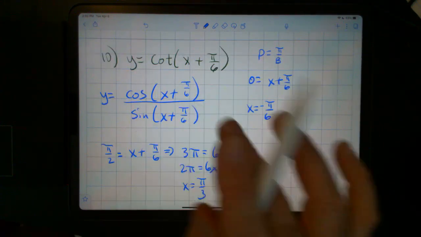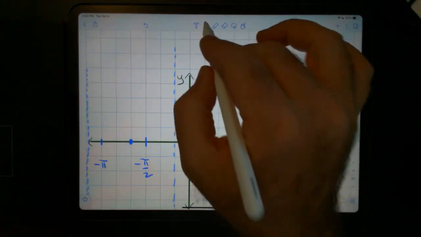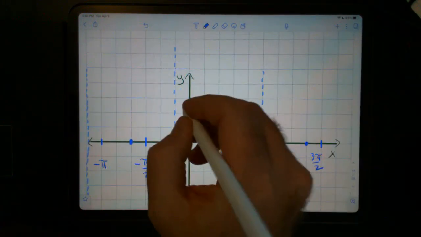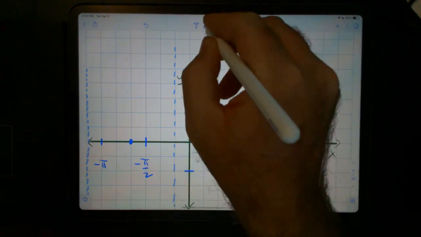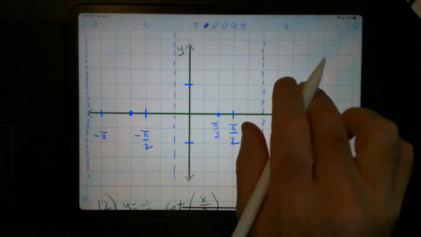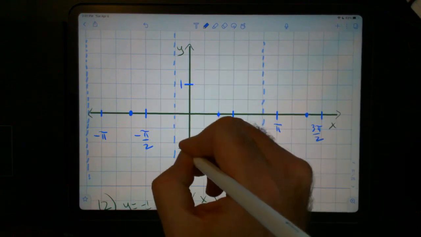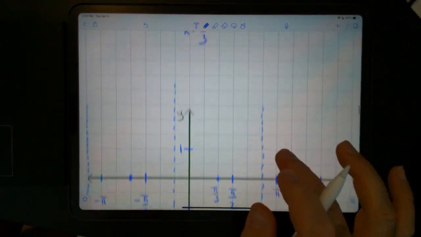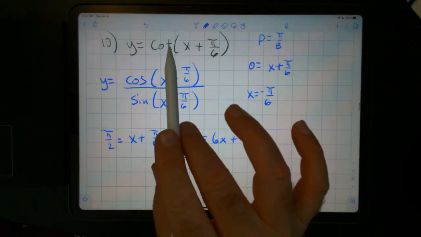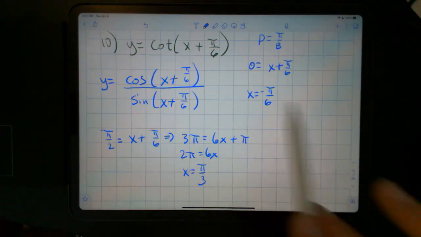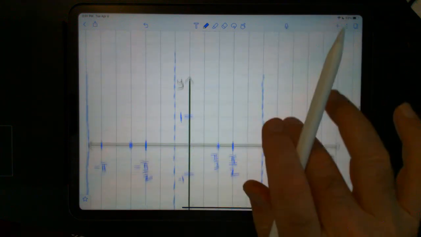Our A is 1, so we can label these as positive 1 and negative 1. And cotangent is the reflection of tangent, as we saw earlier.